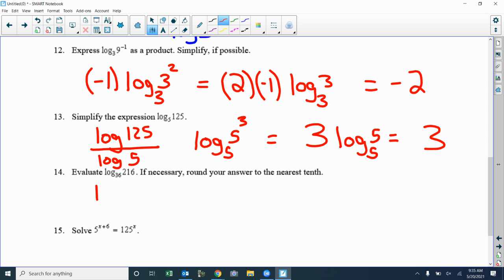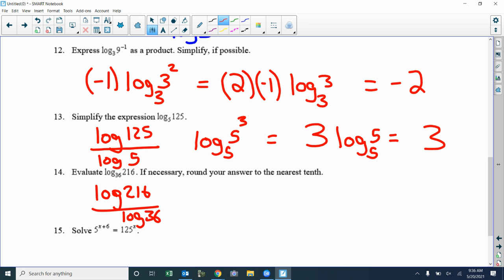This is going to be log of 216 divided by log of 36. Most of us just go ahead and slap that in your calculator. Get that thing evaluated there. Anybody want to throw something out at me that might throw it in real quick? Round to the nearest tenth.